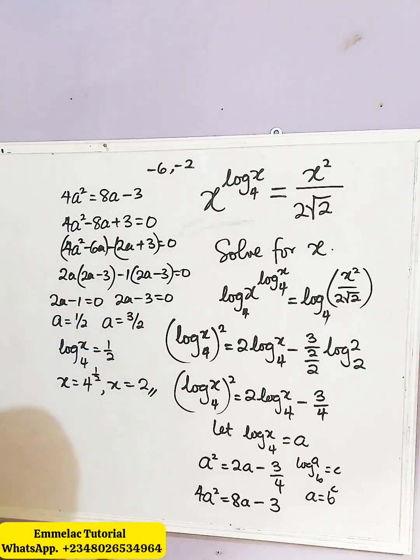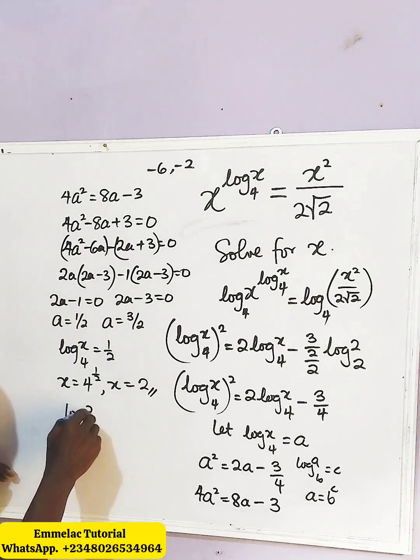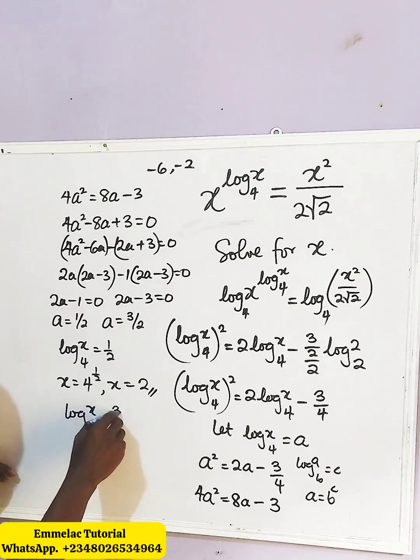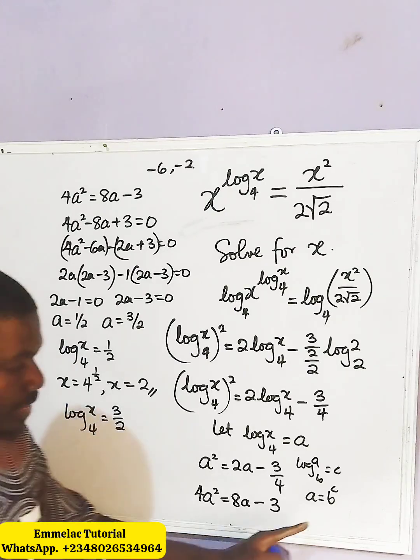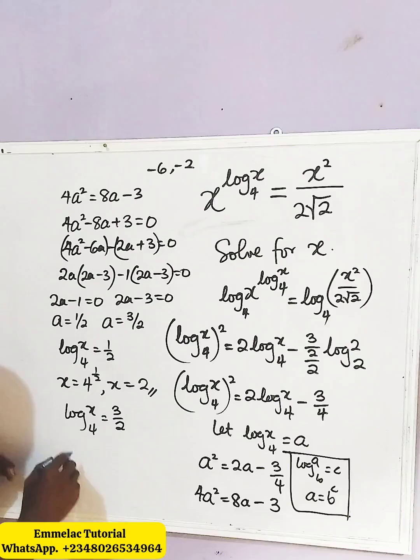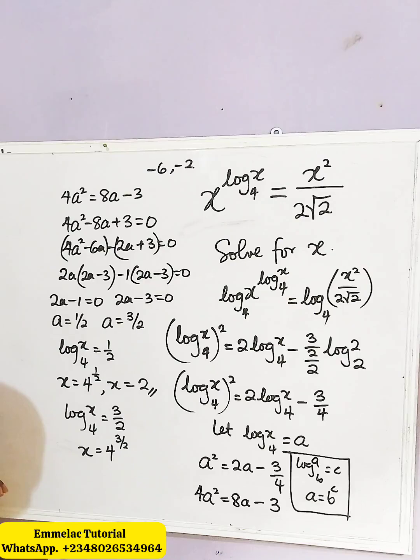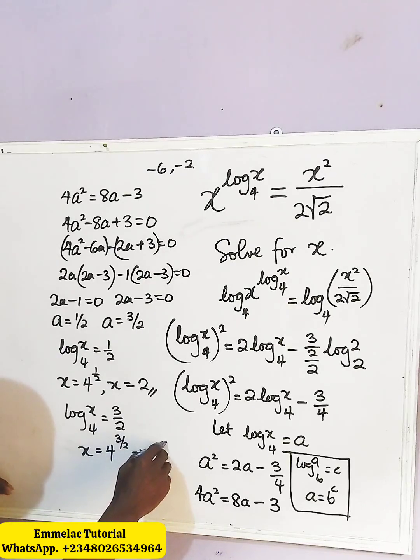Now for a equals 3 over 2, here we have log x base 4 equals 3 all over 2. Applying this same rule, we have x equals 4 raised to the power of 3 all over 2, which is the same thing as saying 4 raised to the power of 1 over 2, all raised to the power of 3.